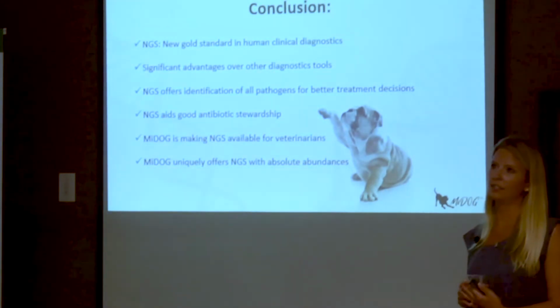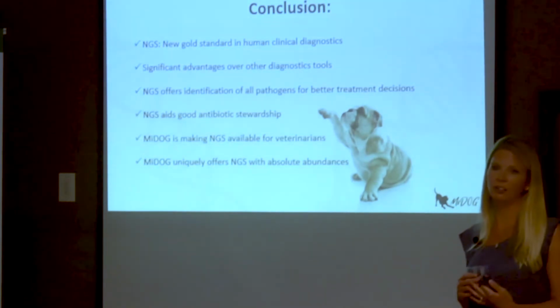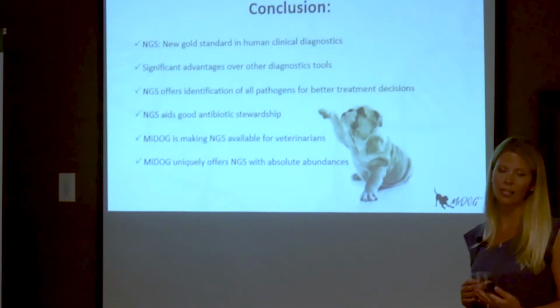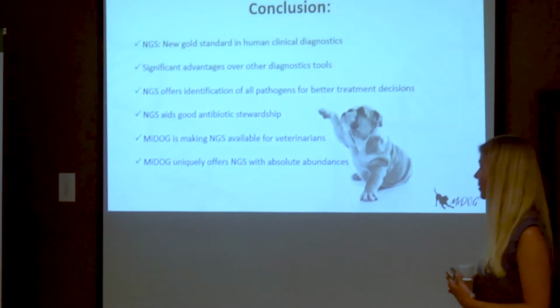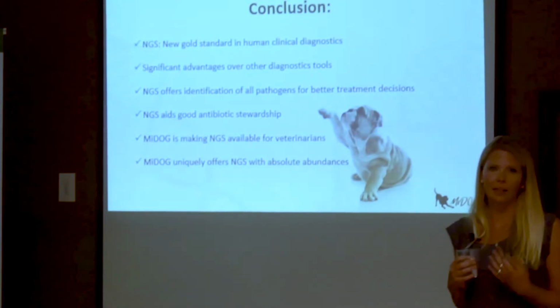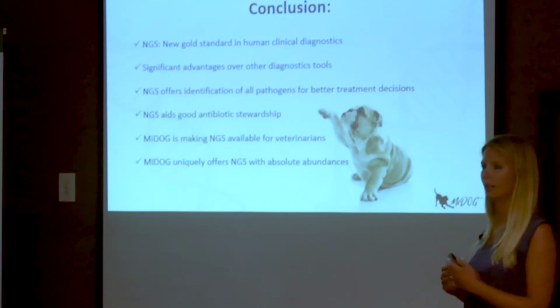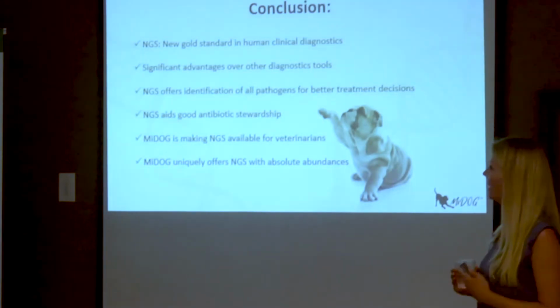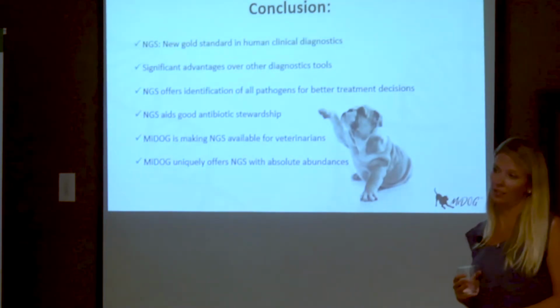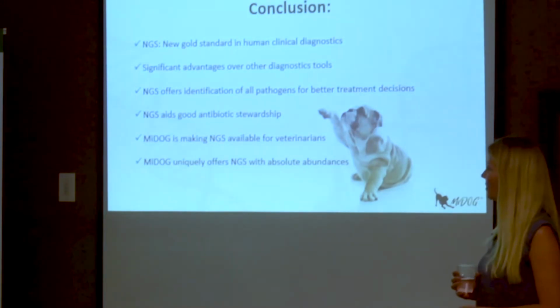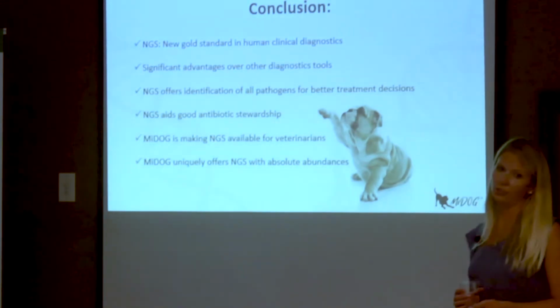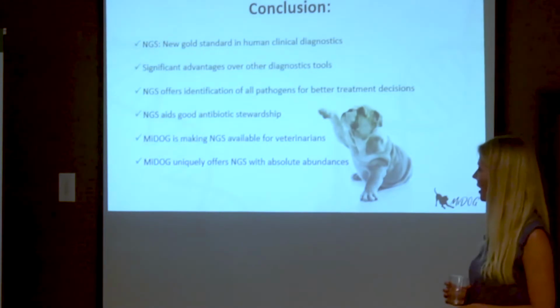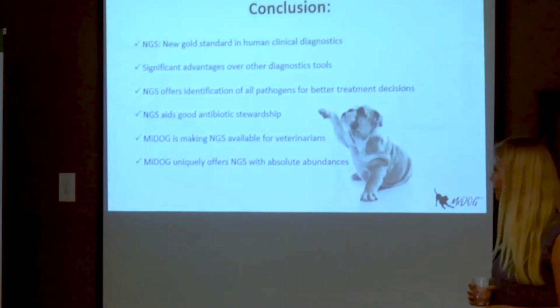I think because it is so much more information than what clinicians are usually used to, there is such a high learning curve for some that I think that's why it's taking a little bit to take hold. It has significant advantages over other diagnostic tools. It offers the identification of all pathogens for better treatment decisions, and it can aid antibiotic stewardship.